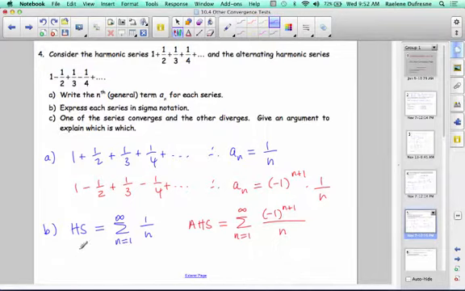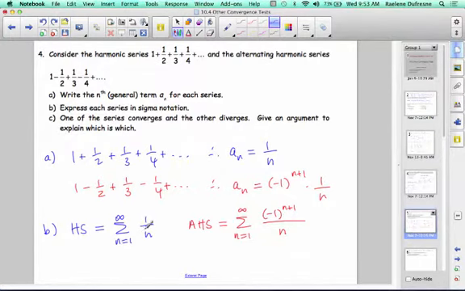Well, we already know the harmonic series diverges. We have seen the p-series test, and with p equal to 1, we know that this series will diverge. Similarly, the integral test works, because we know that the integral from 1 to infinity of 1 over x dx diverges, and we can figure that out by evaluating a limit as t approaches infinity for the integral.